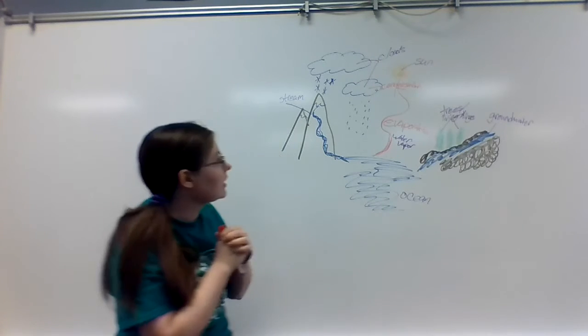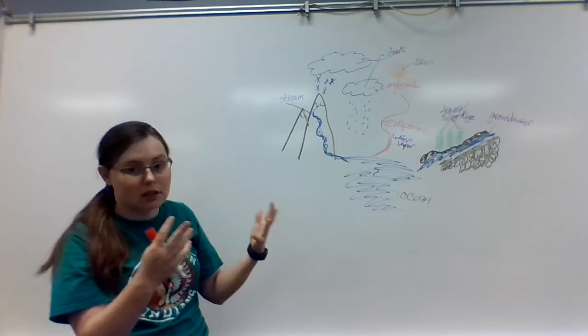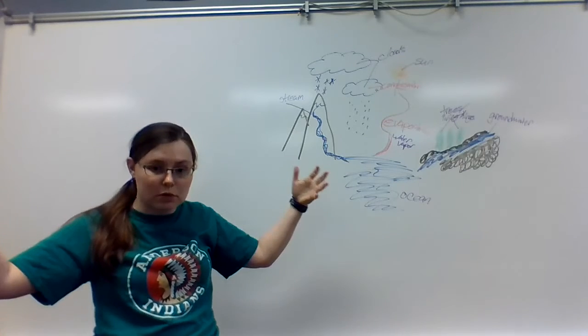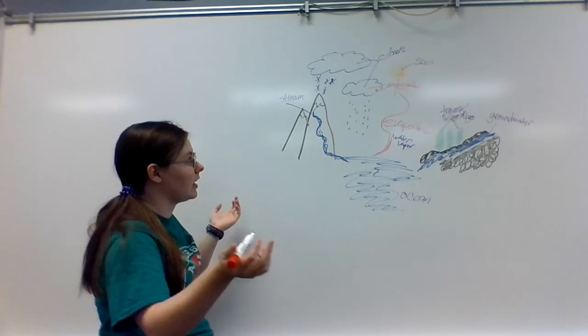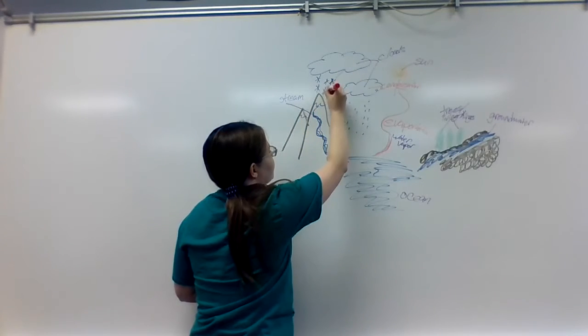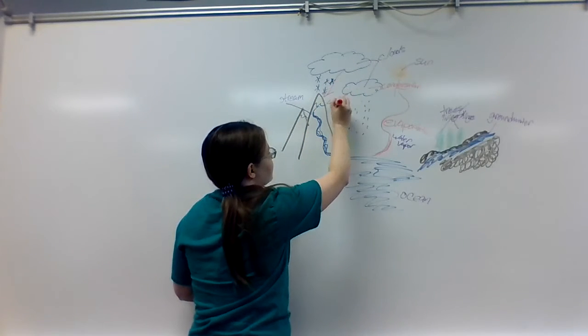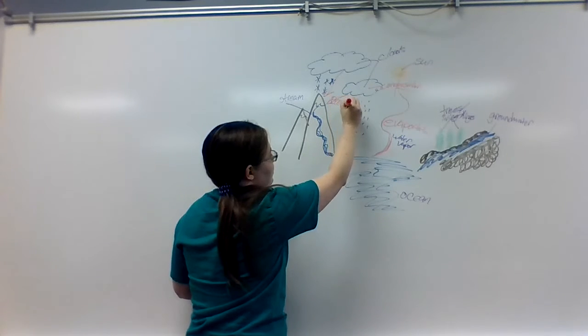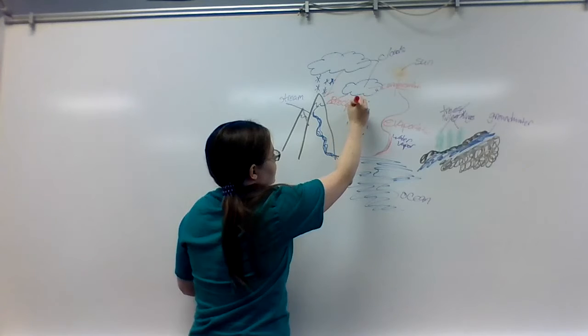In the cloud state, eventually you get so much water vapor that it becomes very heavy, and we start to have, from the clouds, a process called precipitation.